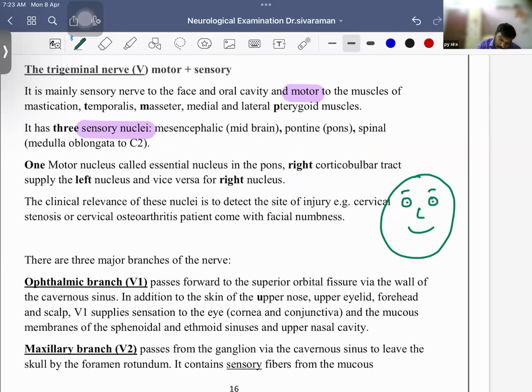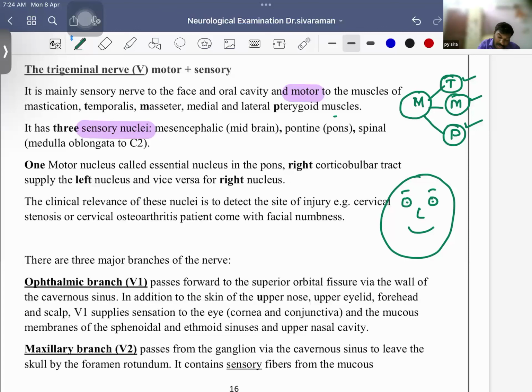One is the motor nucleus, which supplies all the muscles of mastication: temporalis muscle, masseter muscle, and pterygoid muscle. Then the sensory nucleus is a very large nucleus involving the midbrain, pons, and medulla oblongata up to the level of C2.